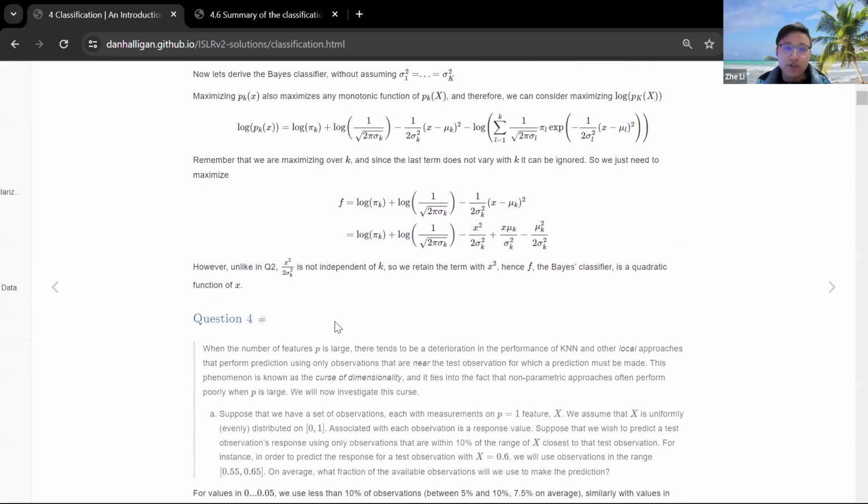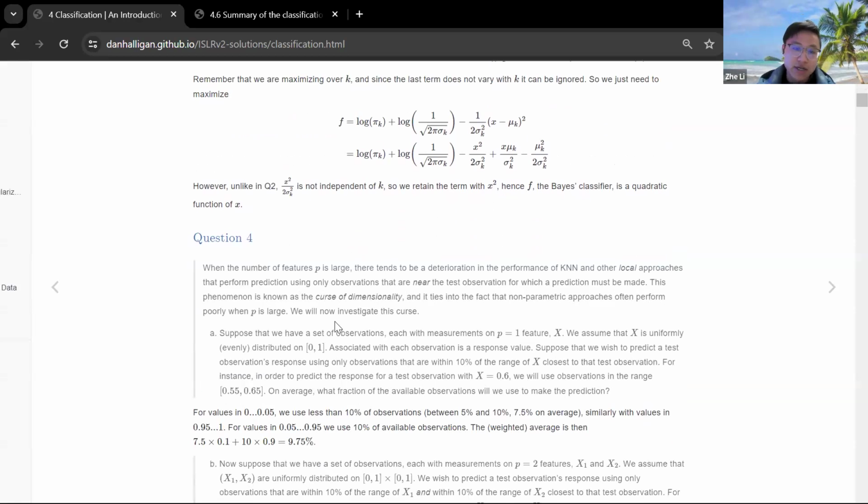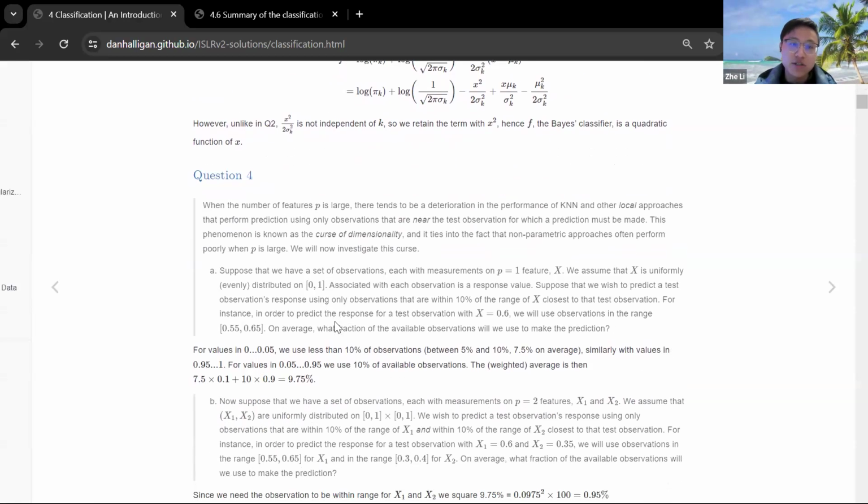So after coming through the discriminant cases, we move into the fourth question, where we talk about k-nearest neighbors, which is the most flexible model across all these models. This question asks that when the number of features, the predictors, is large, there tends to be a deterioration in the performance of KNN.